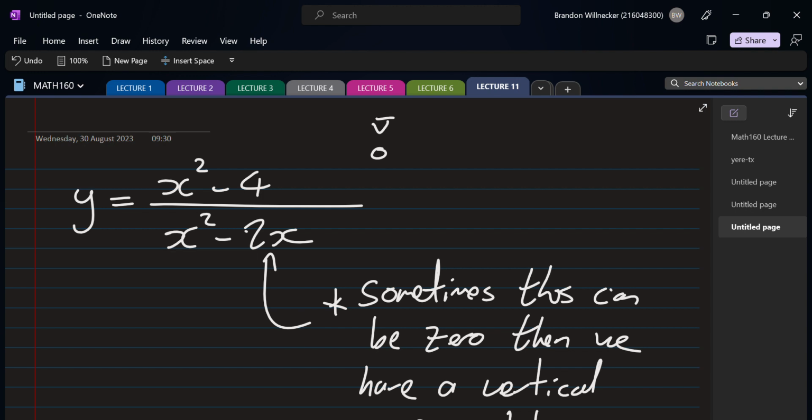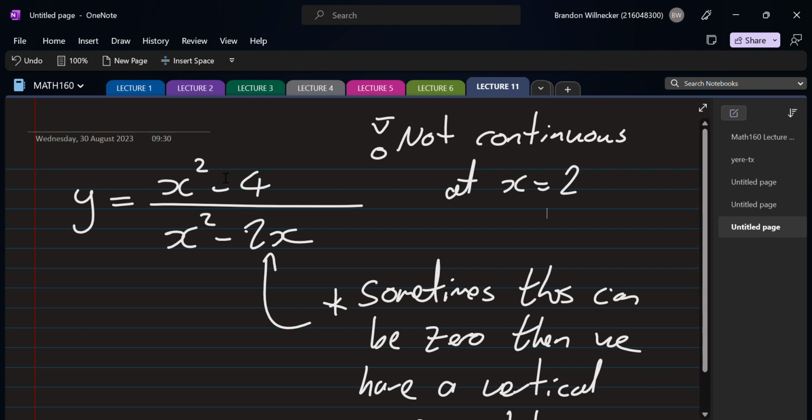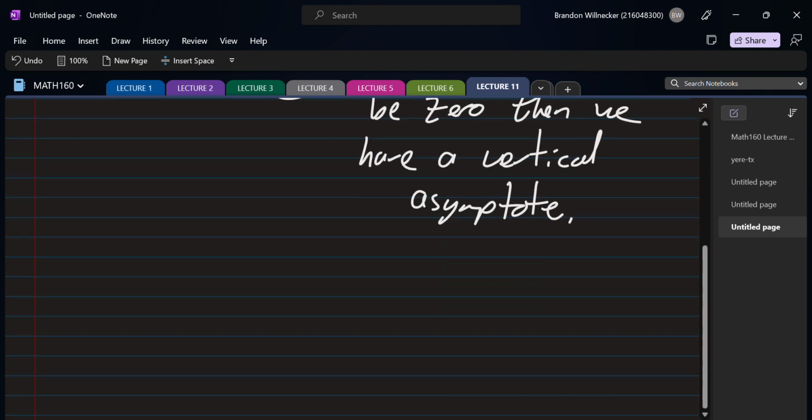Okay, so you've done continuity before? Yes, okay. So here, this is not continuous at x equals 2. But it's a removable discontinuity. So we'll see that this top part and this bottom part, we have that problem at x equals 2, but it's a removable problem. So first we're going to remove it, and then we're going to do the problem.